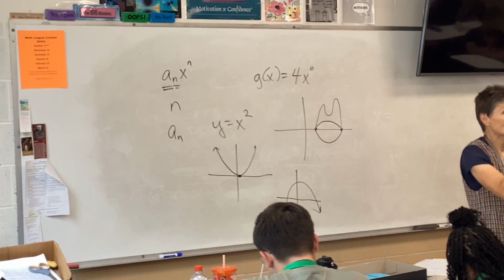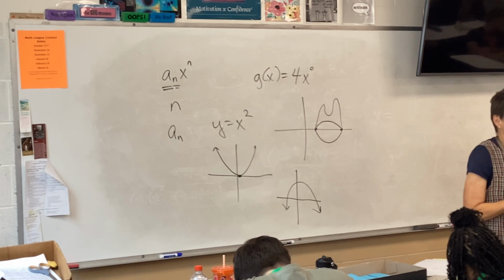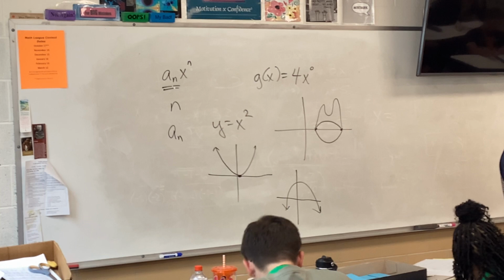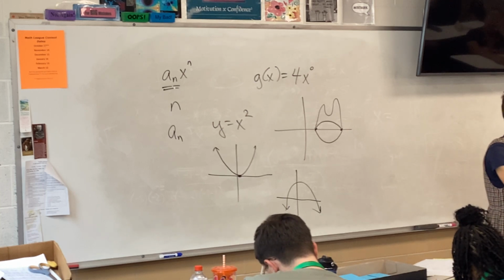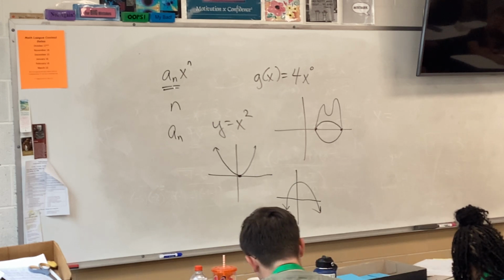Concave up means the rate of change is increasing. The curve itself is decreasing. So that would be one of those questions that says, where is the curve decreasing, but the rate of change is increasing? That would be right there, concave up.